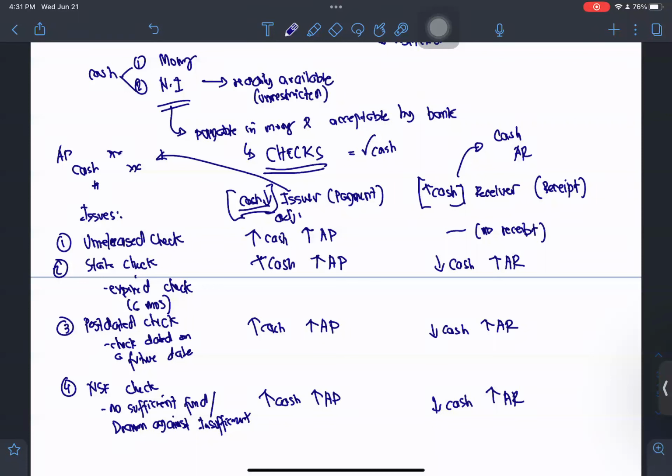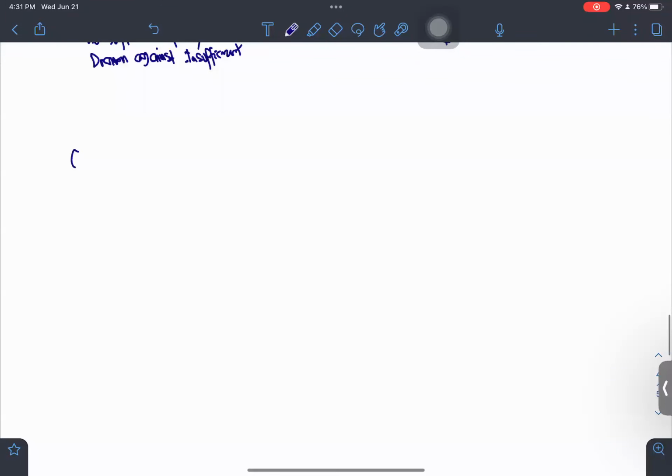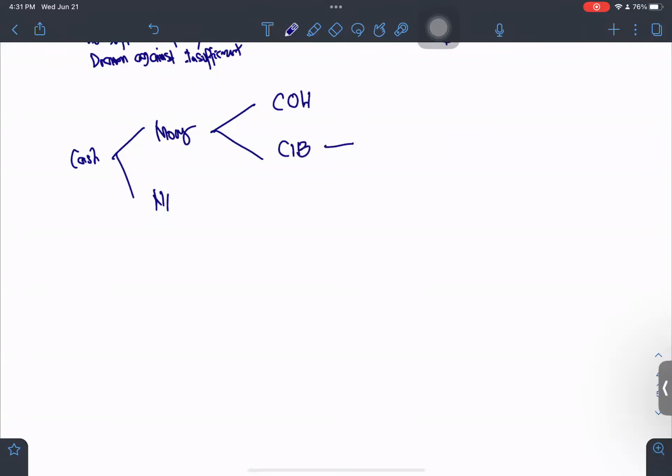Okay, so what are the items again that we need to remember for cash? For cash, that is either money or negotiable instrument. For money, that is either cash on hand or cash in bank. For cash in bank, just remember the 3 items. First, we have your closed bank.